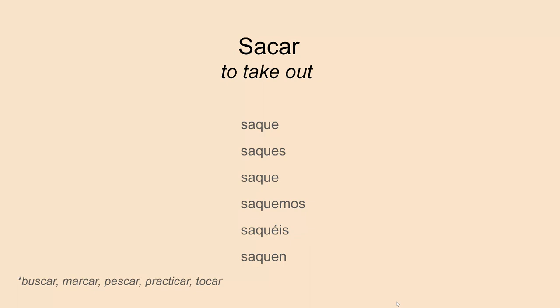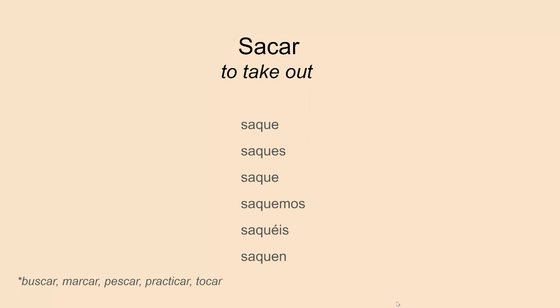Sacar, to take out. This will be our example of a car verb. So you saw on the previous slide that we had yo saque. Then I take that and use that through the whole chart. Saque, saques, saque, saquemos, saquéis, saquen. Here you see that I kept that spell change the entire time.